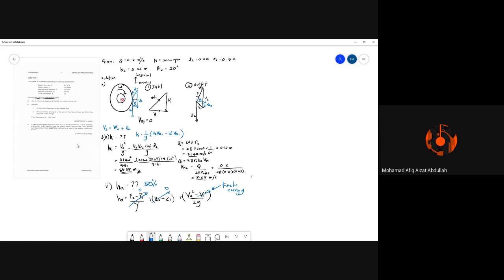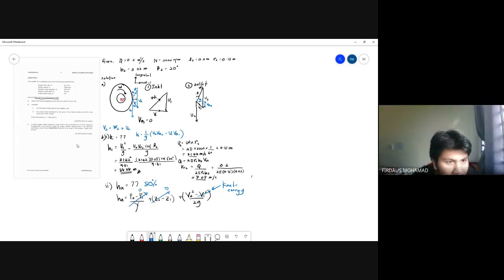Bina velocity triangle. Yes, velocity triangle. So based on this velocity triangle, ni V2, this is V2. You dah ada U2, betul? You dah ada U2, and then now you only need to find V2.